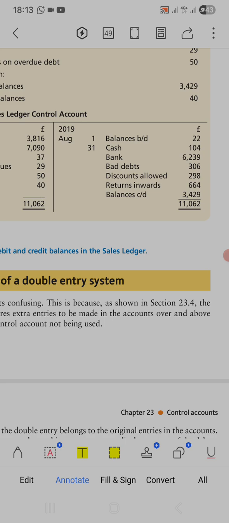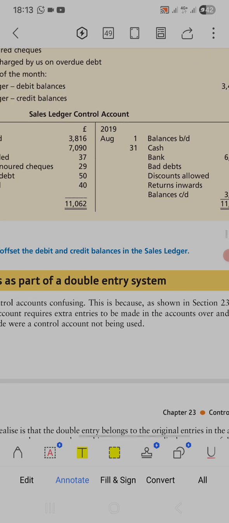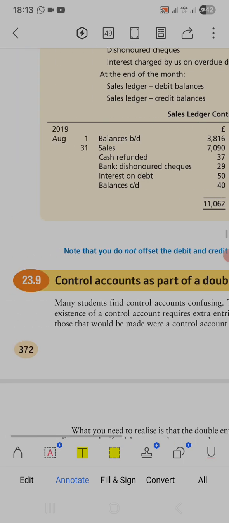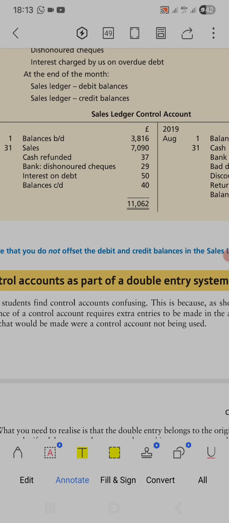So in that case, the customer will end up having a credit balance. Then we also have another scenario whereby when the customer has fully paid for his account, he may return goods to the business. So in that scenario, the customer's account will end up having a credit balance. So those are some of the reasons why we may have a credit balance in the sales ledger.